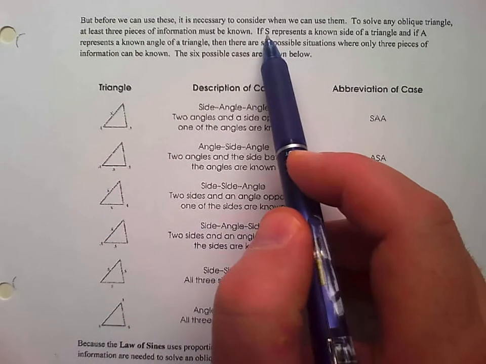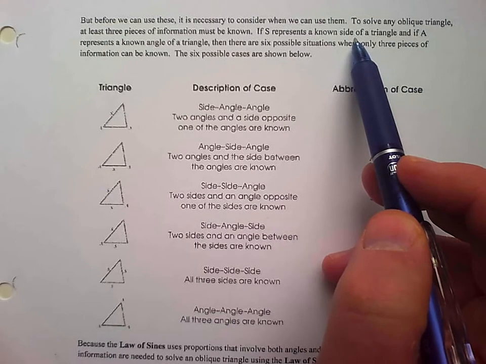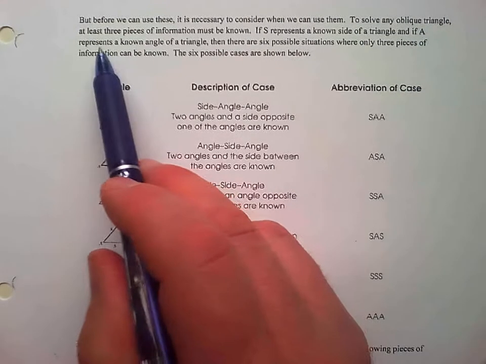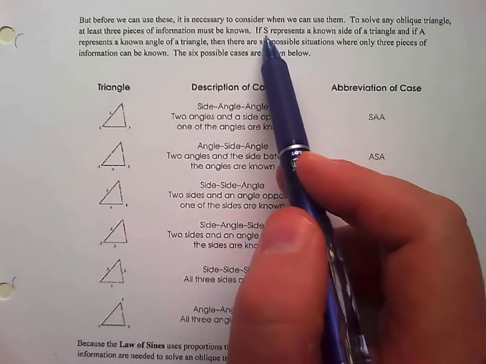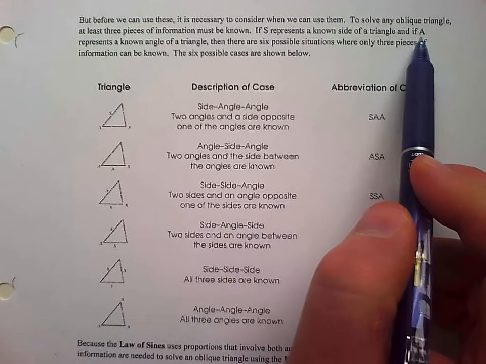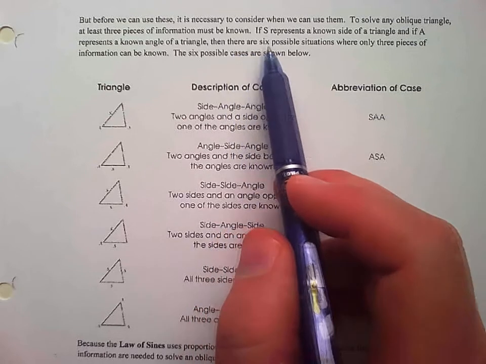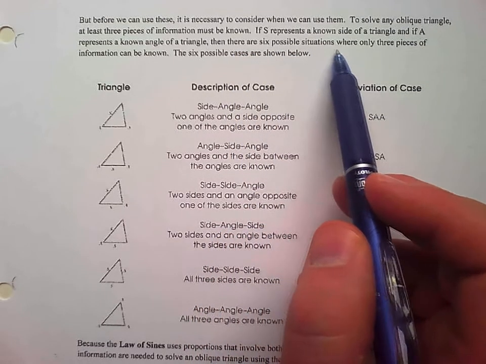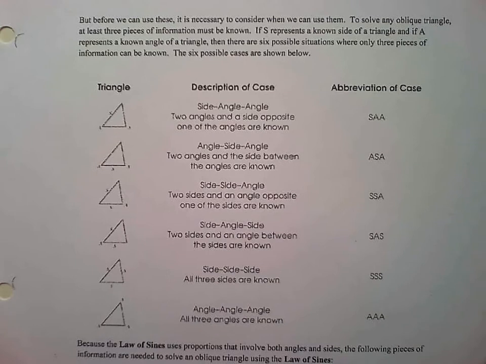If S represents a known side of a triangle, and if A represents a known angle, so any side that we know is going to be S, and any angle that we know is going to be represented by A, then there are 6 possible situations where only 3 pieces of information can be known. The 6 possible cases are this.